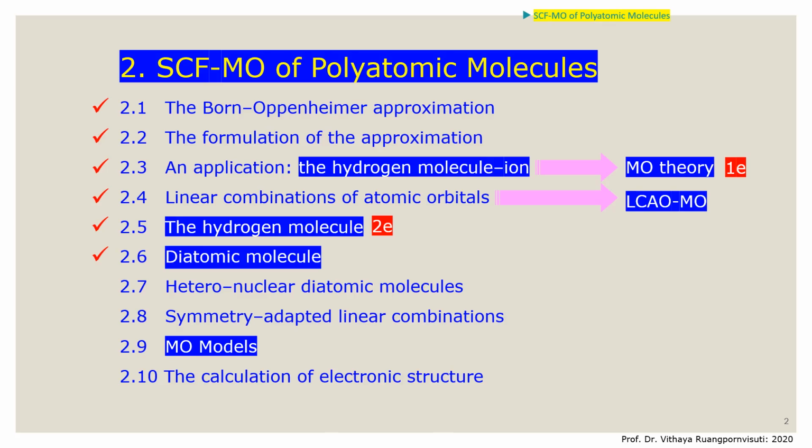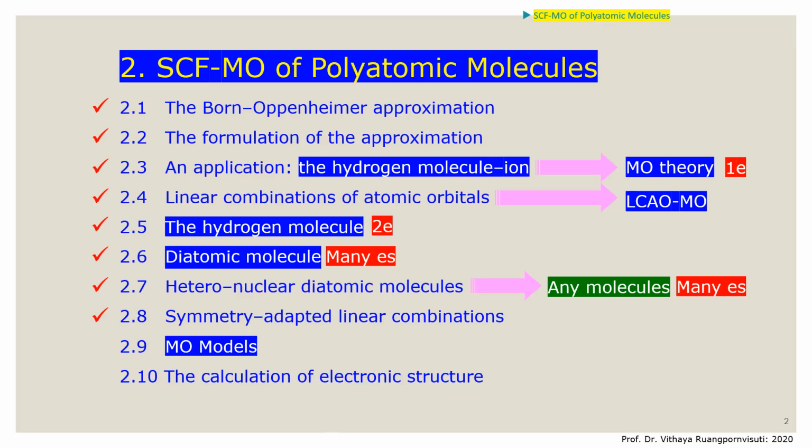There are 2 types of diatomic molecule. One is the homonuclear diatomic molecule, which may contain many electrons. The seventh, the heteronuclear diatomic molecule, also contains many electrons.